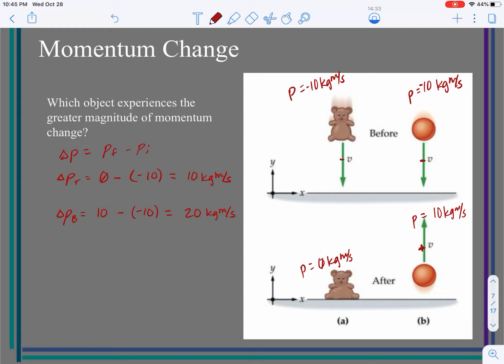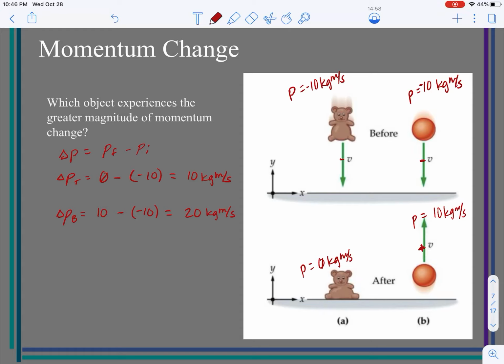So the question once again says, which object experiences the greater magnitude of momentum change? And in this situation, the ball experiences a greater amount of momentum change. The teddy bear changed by a value of 10. The ball changed by a value of 20. Another way to think about this is that the ball kind of went through 2 changes in momentum.